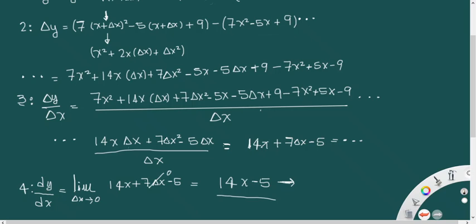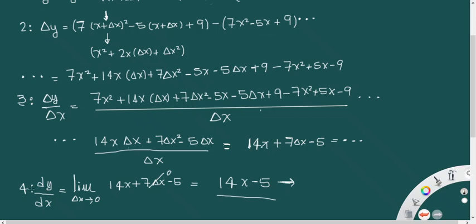We have here delta x squared, which is delta x times delta x, so we will end up with only one of these. So we can cancel this with one of these, and we can cancel this delta x with this delta x over here, and we end up with 14x plus 7 delta x minus 5. This is our last expression simplified.